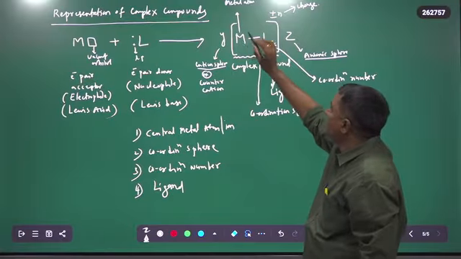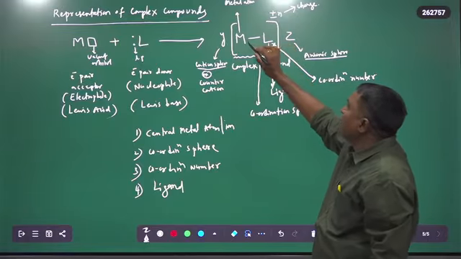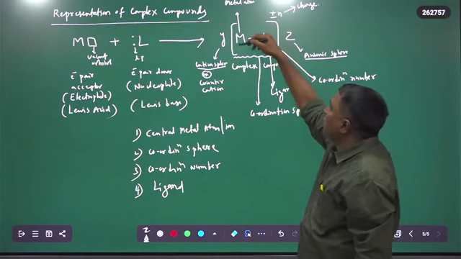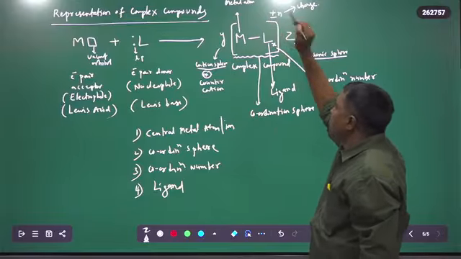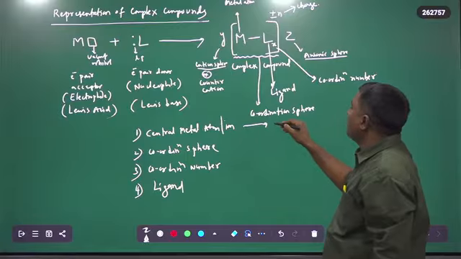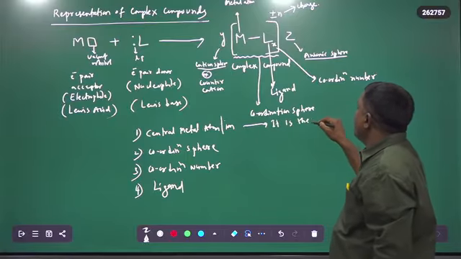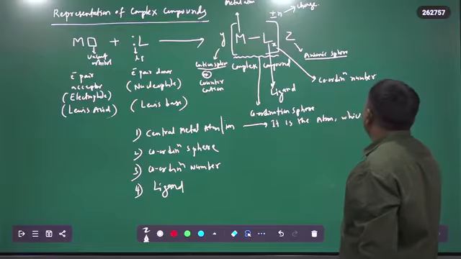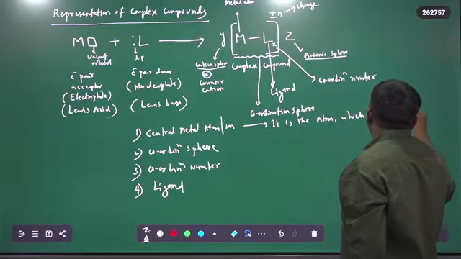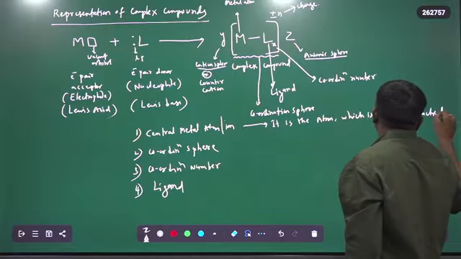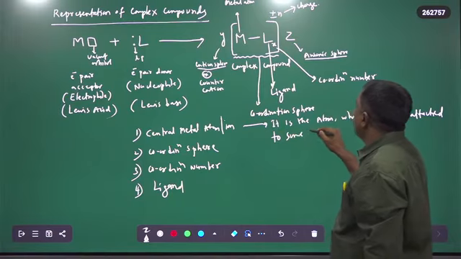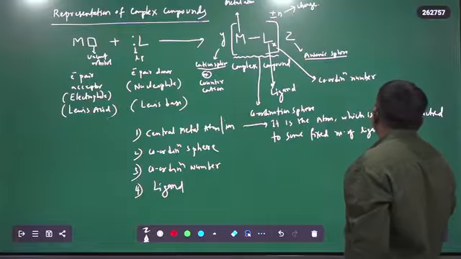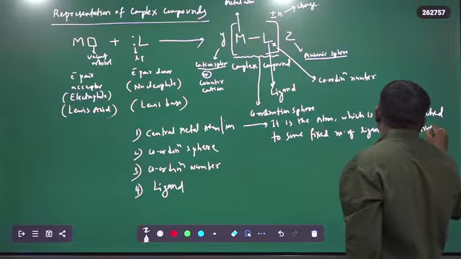So what is meant by central metal atom? It is the atom which is bonded or attached to some fixed number of ligands by dative bonds.